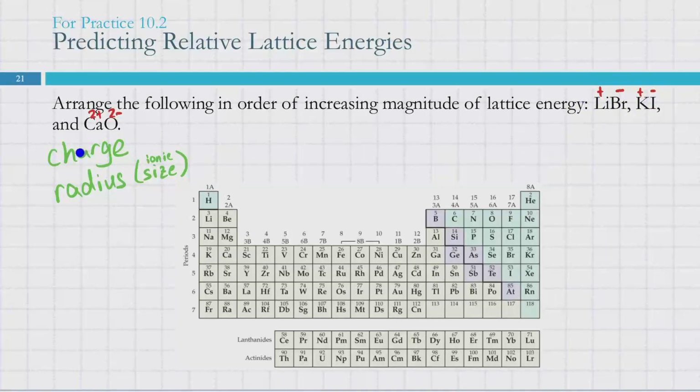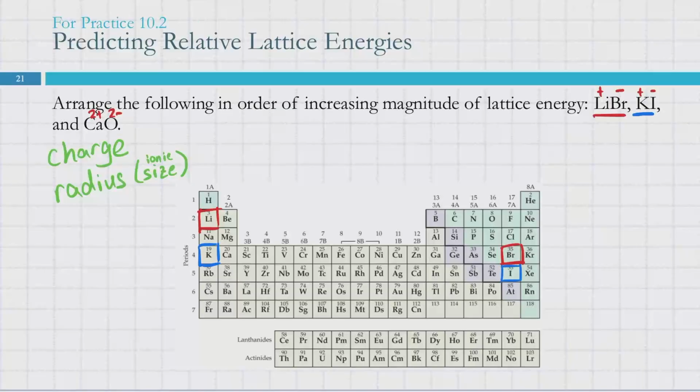So we've been looking at charge. Calcium oxide's obviously got different charge. So we need to think about, for the other one, since the charge is the same, what about the radius? What's the ionic size going to look like? So let's find lithium bromide. Lithium is in row 2. Bromine is in row 4. And then for KI, potassium is in row 4, and iodine is in row 5.